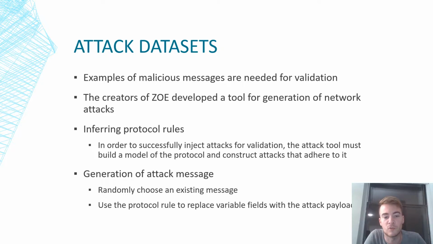And so the tool built a model of the protocol, similarly to earlier when it built a model of the messages that were coming through, but this time a model of the protocol for the purposes of constructing attacks that adhere to that protocol. And so after doing that, they were able to generate attack messages by randomly choosing an existing message and then using the protocol rule to replace fields that were determined to be variable fields with the attack payload.